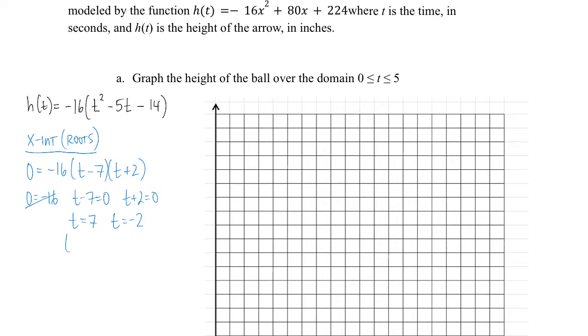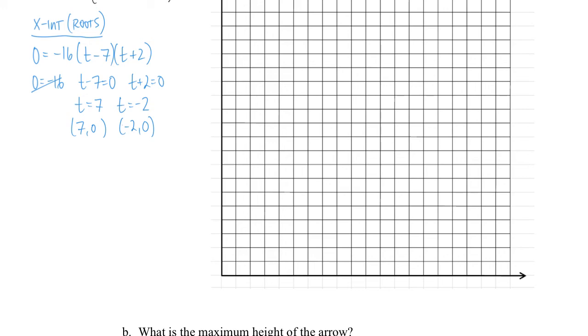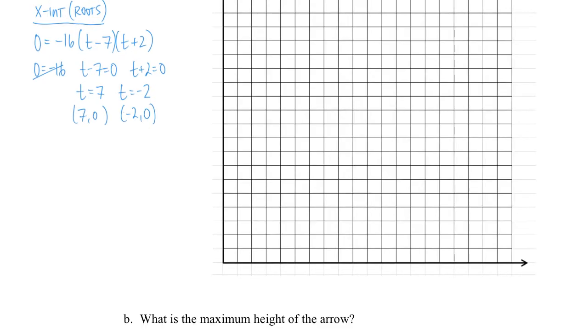So my x-intercepts are going to be 7, 0 and negative 2, 0. Now, if I look at my graph here, this is a first quadrant graph, so I'm not even going to have a root of negative 2, and that totally makes sense. But now what we know is that my x-axis, my t-axis, if you will, is going to be my time, and I know I need to get at least to 7.